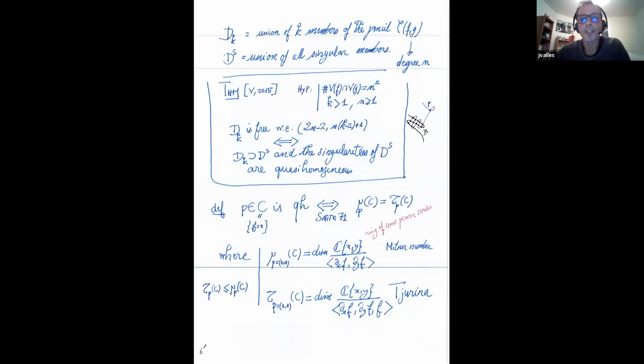You can see that since you cut again by F, the Tjurina number will be smaller than the Milnor number.